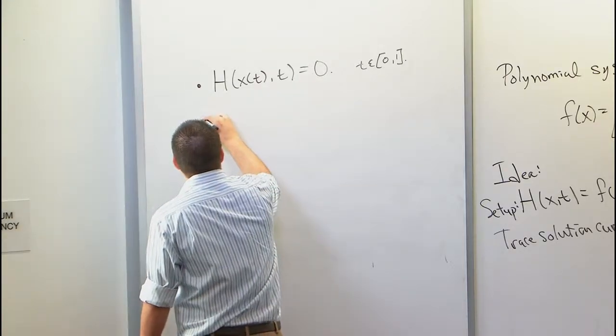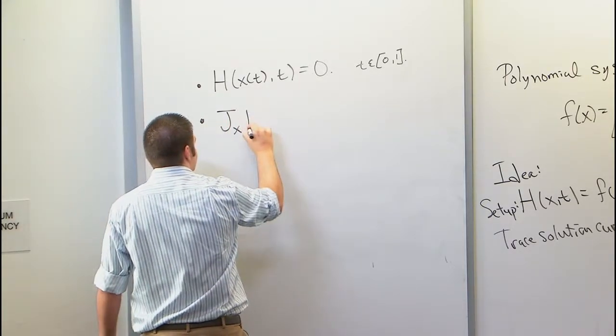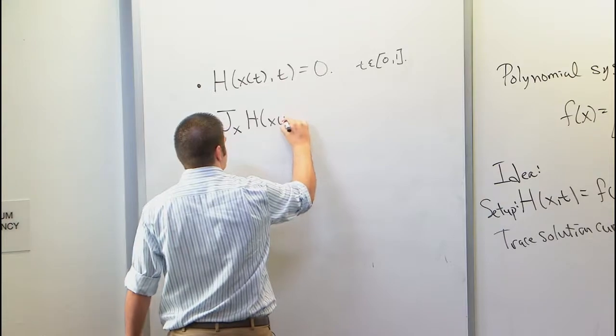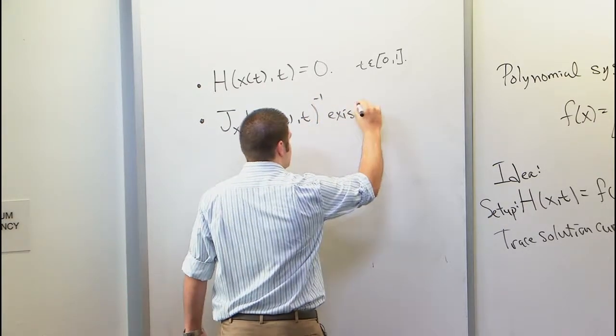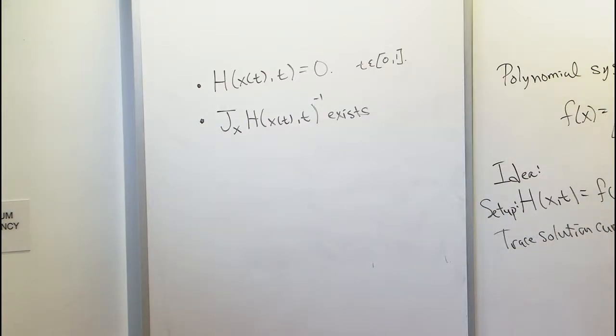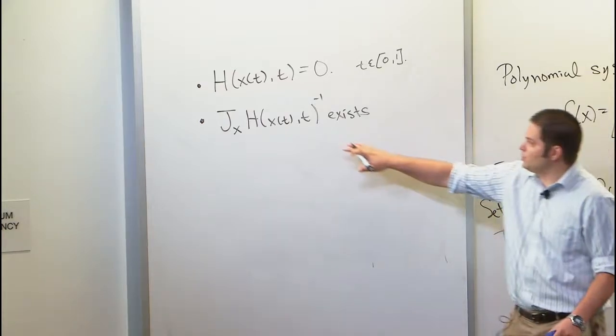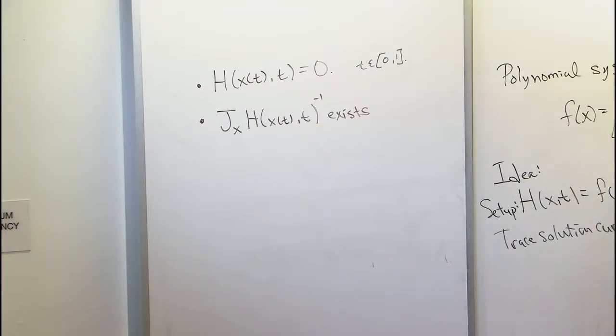The other thing that would be nice is if they were smooth. So this example that I wrote up here, I believe, had a singularity at t equal to 1/2 that I've now erased. So we would like these to be smooth so that the condition number is finite along the path, and so we can nicely trace along them.